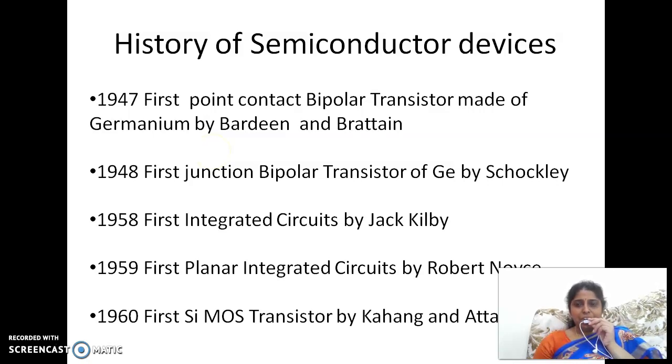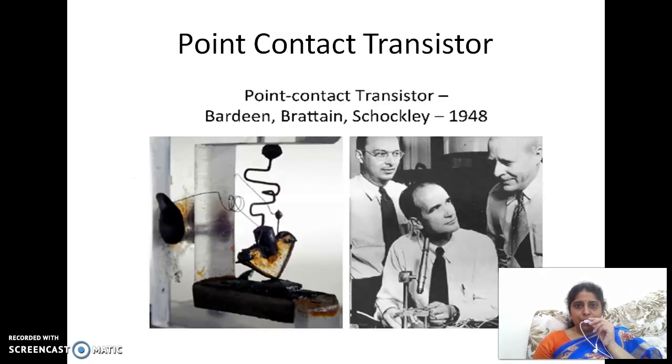Mainly it is a current control device. We have base, emitter, collector. The current given at the base gives a large current. We have the current control mechanism in the BJT. So it's fine when compared to vacuum tubes.